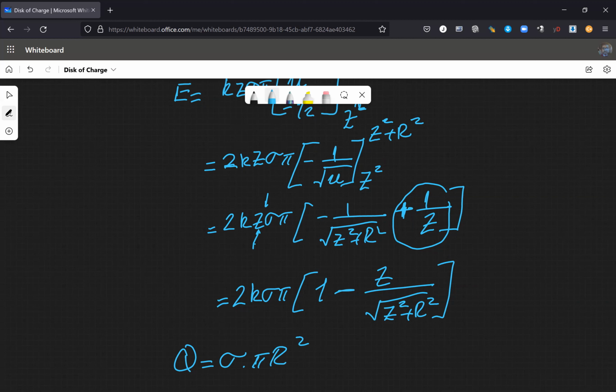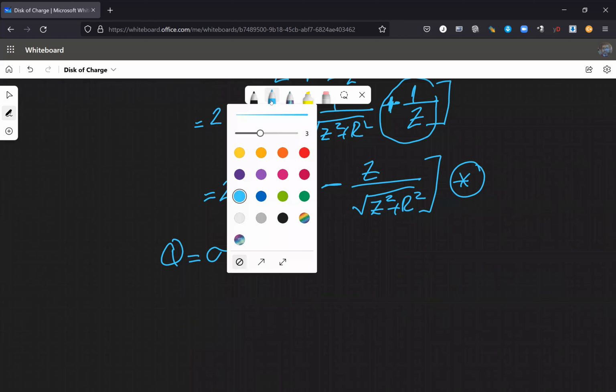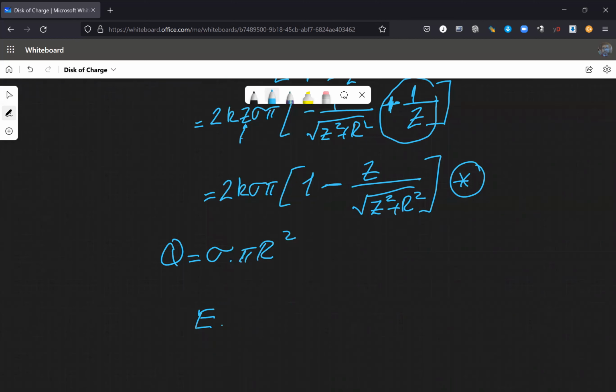So if I want things in terms of sigma, I stop right here. If I want things in terms of q, I just have to take it one little step further and plug in. E equals, now sigma is going to be q, so sigma pi, this sigma and pi right here, will be q over r squared.